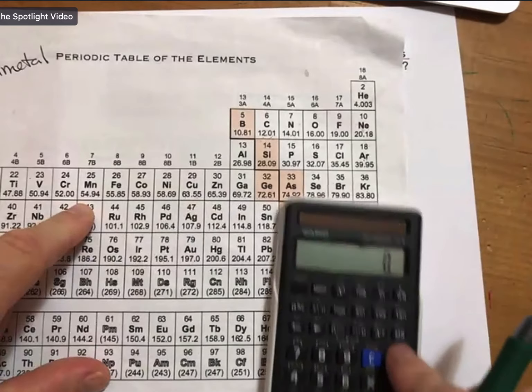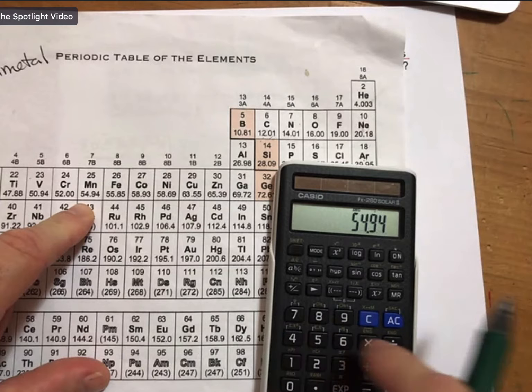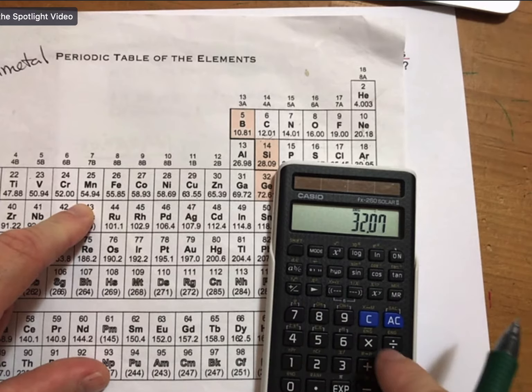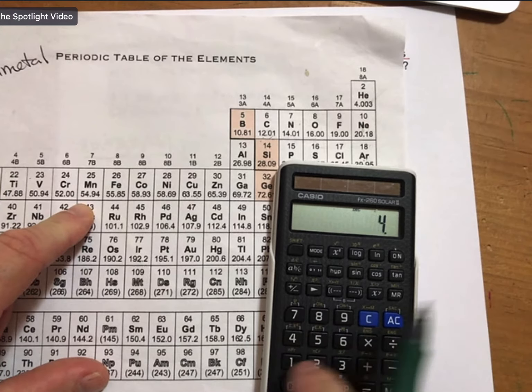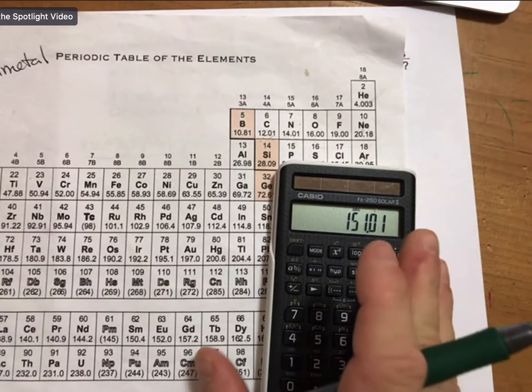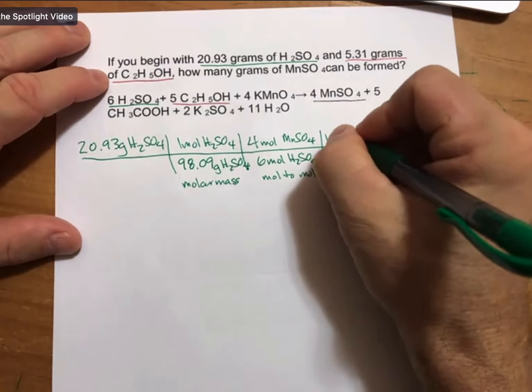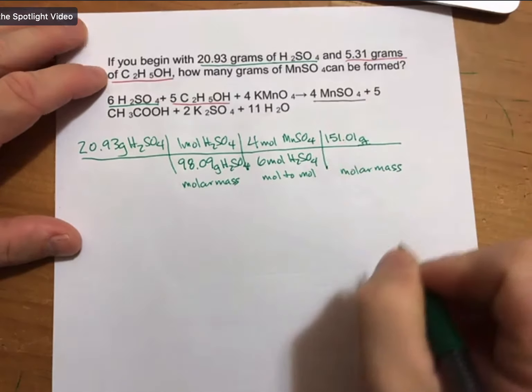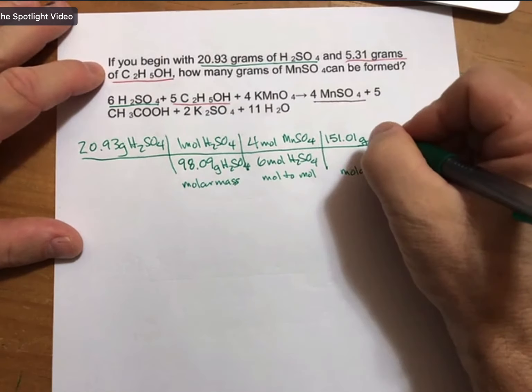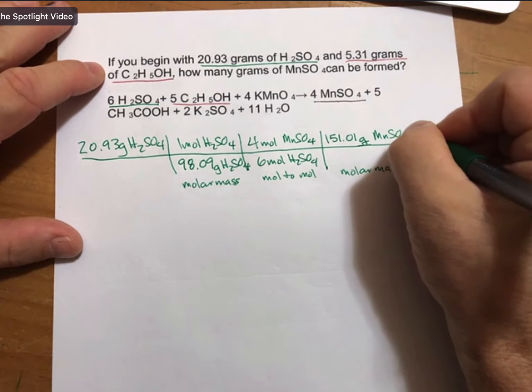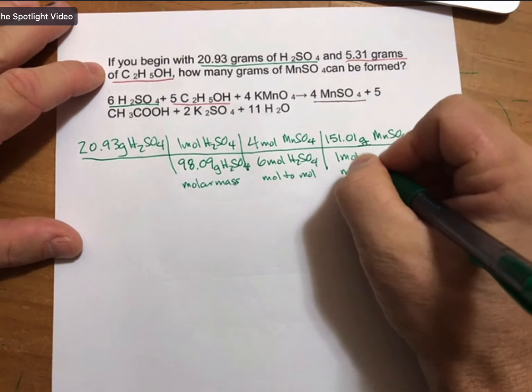Manganese, right in the middle here, 54.94, plus a sulfur, plus 4 oxygens, 151.01 grams of manganese(II) sulfate per 1 mole.